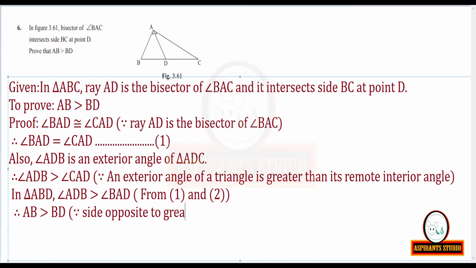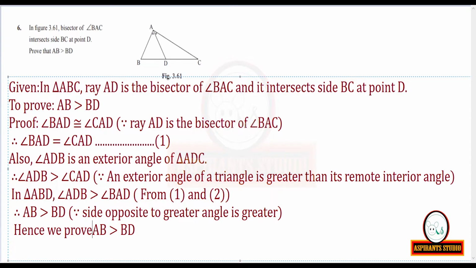So AB is the side opposite to the greater angle ADB. BD is the side opposite to the other angle BAD. So AB is greater than BD. So we have proved that AB is greater than BD.